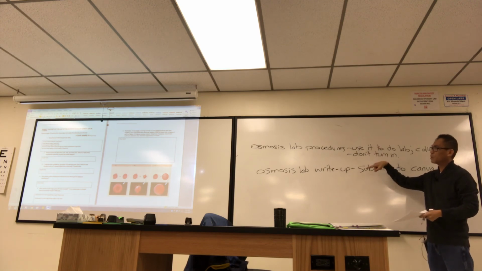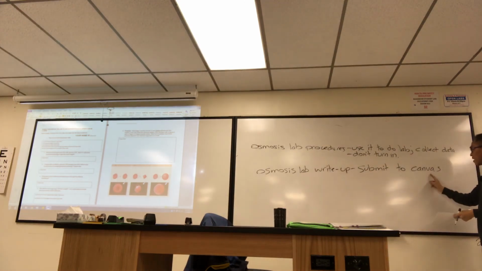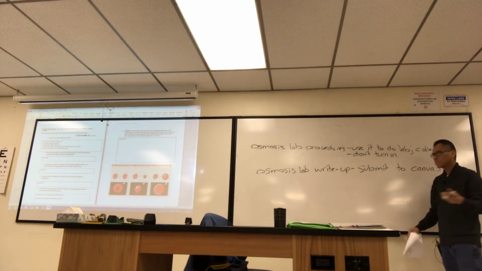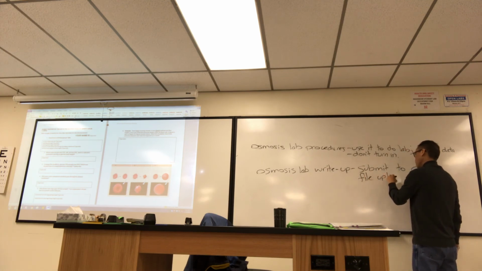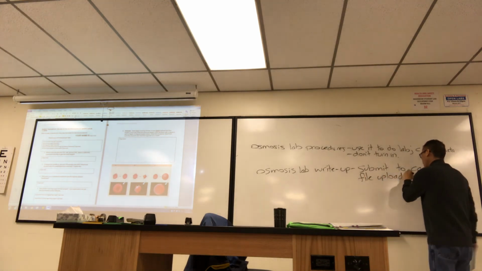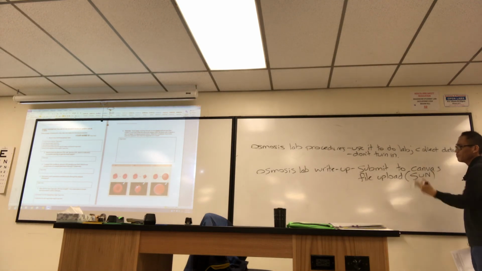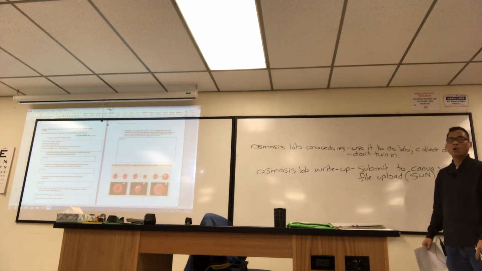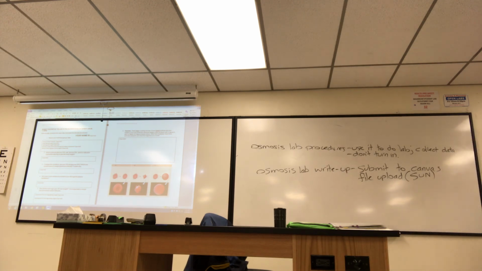Which part do I upload? The doc that says write-up. Submit to Canvas. It's just file upload. And I gave you until this Sunday to do it, I believe. Upload by Sunday. If you know what you're doing, it should take you less than an hour. It's not hard. That's the write-up.